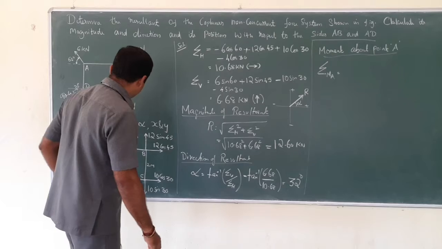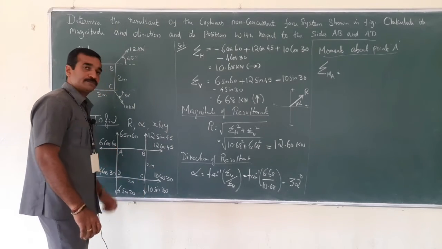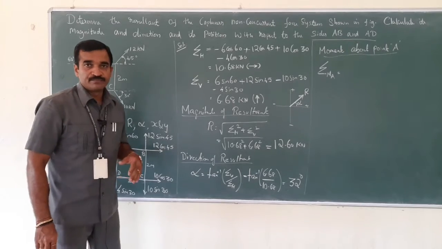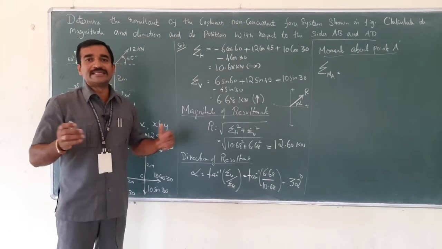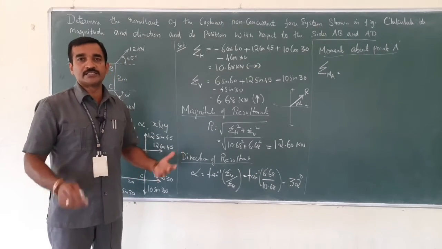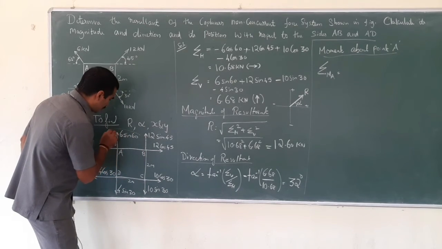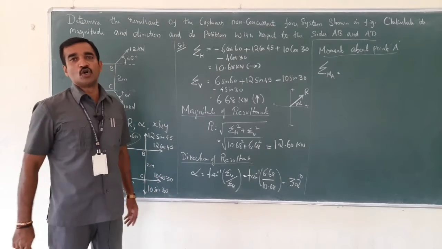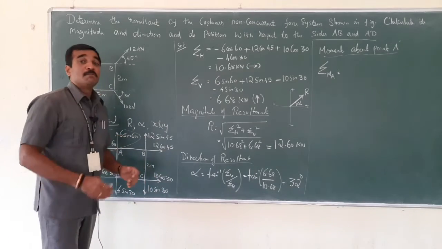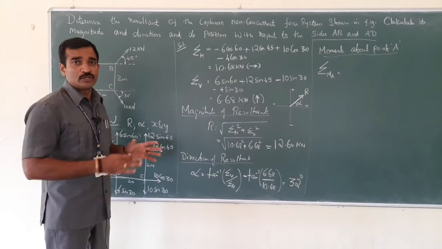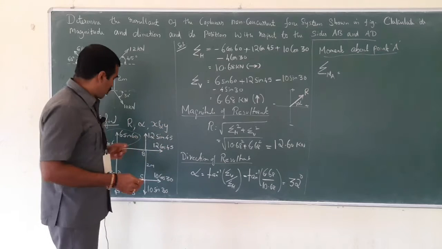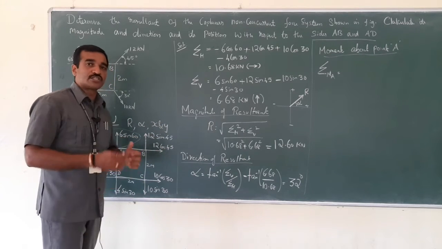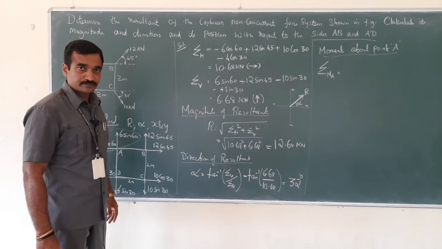Let me take point A. Look here, this is the origin. The origin doesn't have any distance, therefore the distance would be 0. So the moment for these two forces, 6 sin 60 and 6 cos 60, would be 0.